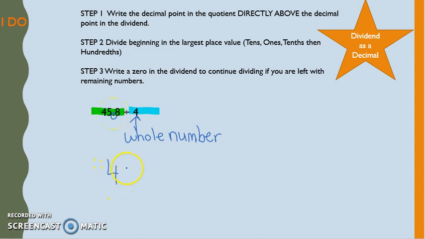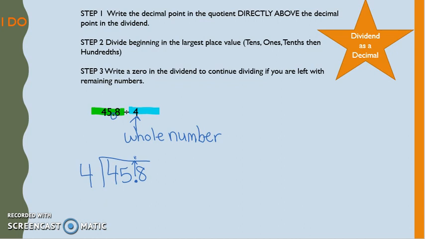We can go ahead and just do our division, but we need to remember the placement of this decimal. So if I have 45.8 and I am dividing by 4, we're just going to do straight division. And it's a good rule of thumb to just go ahead and move your decimal directly above where it is placed in the dividend.